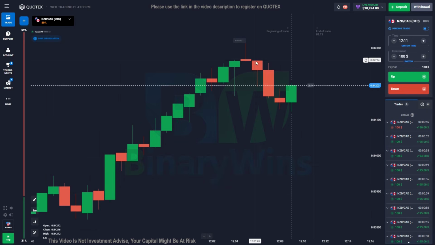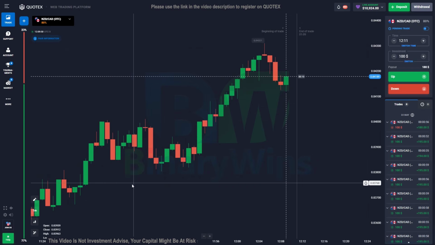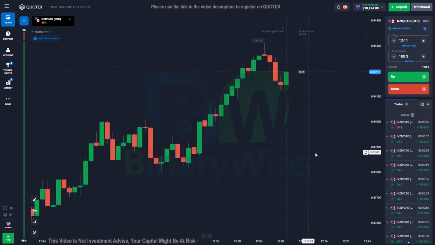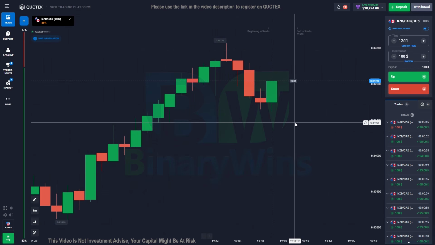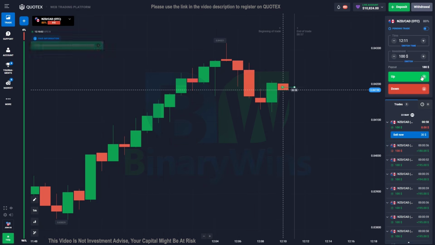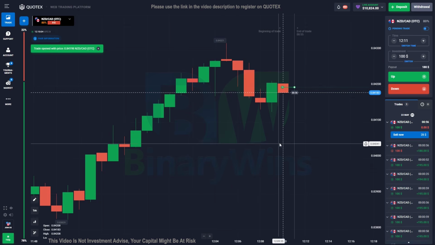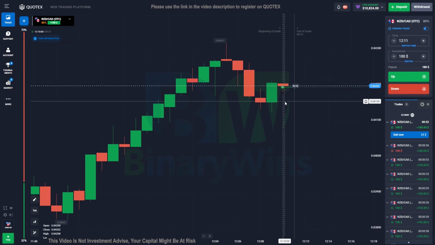So, we wait. Reverse momentum trends usually form in the opposite direction of the main trend. Okay? I entered a higher trade. If the candle goes down, I will take a trade lower.